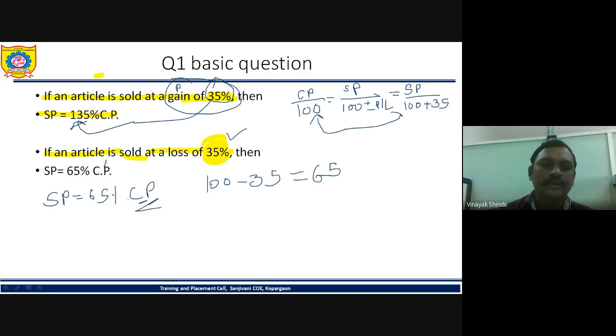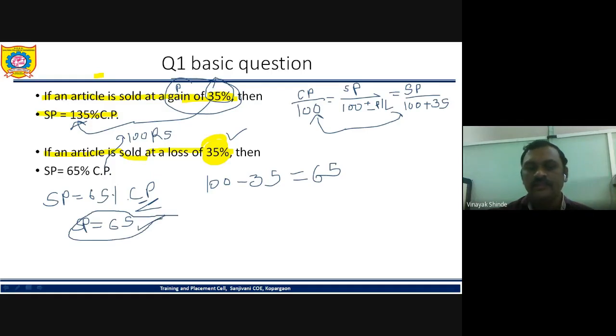Say the cost price of the article is 100 rupees, and if you are selling that article at 65 rupees, then how much loss will it be? It is 35. Therefore, the selling price is 65% of the cost price.